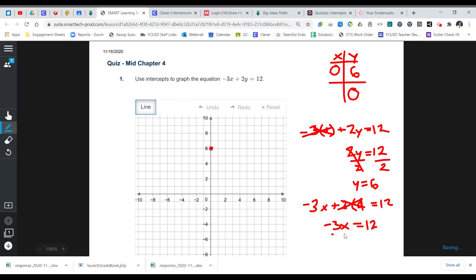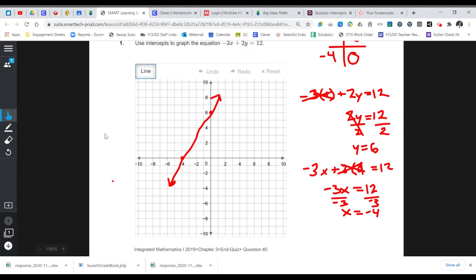And from there, I would divide by -3, divide by -3. Okay, it looks like x is equal to -4. So now that I've got that, I've got my x-intercept, -4, 0. To graph that, I go on the x-axis to -4. And those 2 points are all I need to graph the equation. And that's the line.